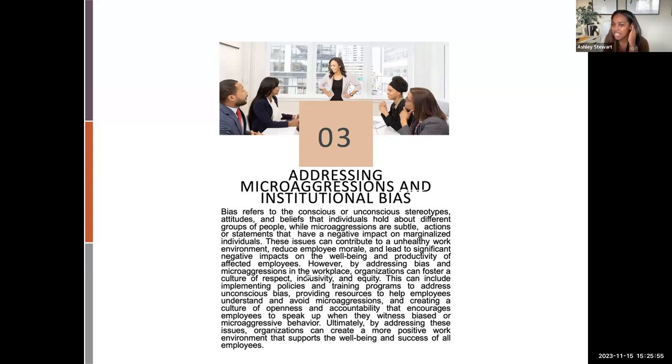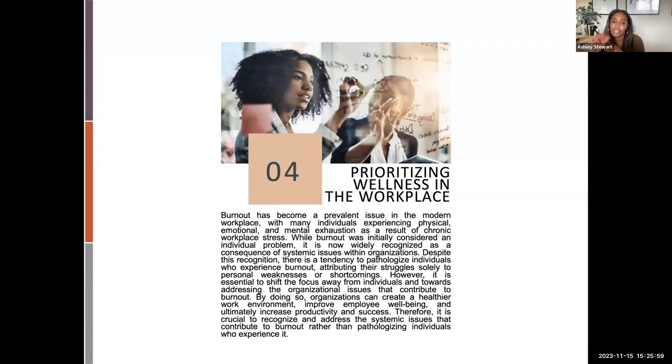The fourth section of the workbook is going to focus on prioritizing wellness. And so when we talk about burnout, a lot of times we'll talk about it at an individual level. And that is important, to give people the skills and resources to be able to navigate through the intensity of some of the work that we're doing. We also focus on burnout in this context as an organizational issue, because a lot of times people aren't burning out because they don't have the skill or the ability to balance or navigate.